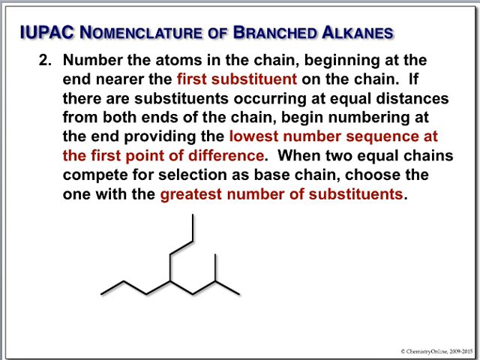So we can number it from either end, but we want the lowest number at the first point of difference. If it's a tie, you're going to look at the different parent chains, and we're going to pick the chain that has the greatest number of substituents.